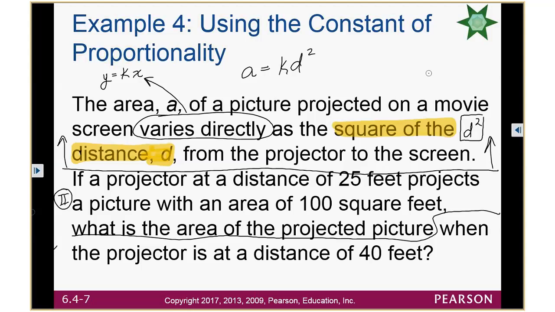If a projector is at a distance of what? K 25 squared. And area of what? 100 feet. What do you think they're going to ask you to find? K. So what is 25 squared? 625, isn't it? I think it's 625.